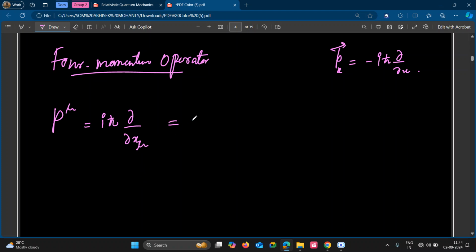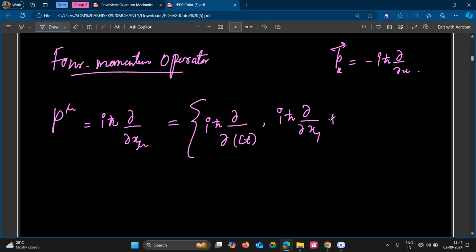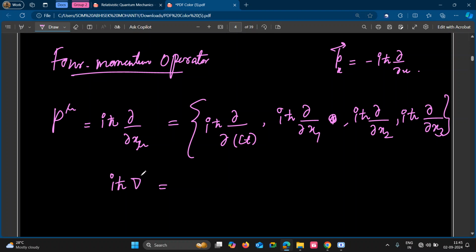So it will give me i h cut del by zero component, which is c t, then i h cut del by del x1, sorry, x2 square, del by and so on. This I can write as i h cut del mu like this.